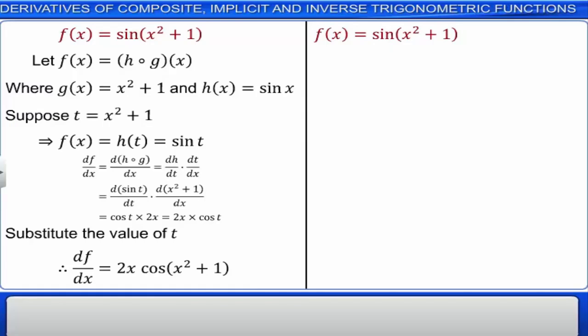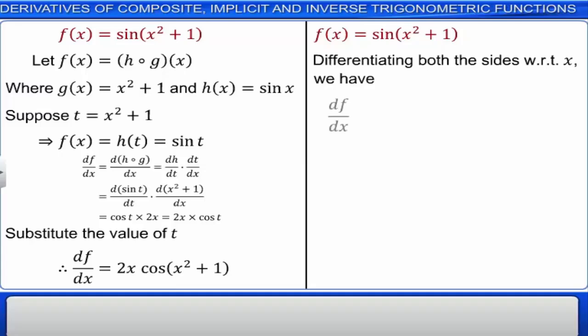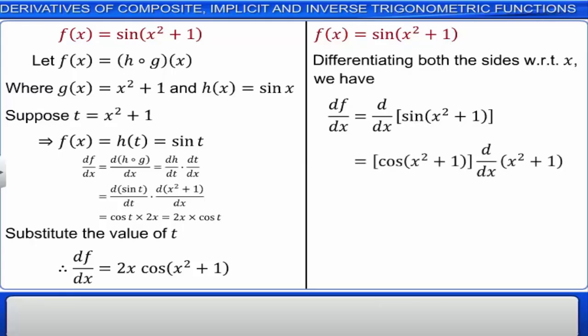Now, by the chain rule, we get cos(x^2 + 1) * d/dx of (x^2 + 1). The derivative of x^2 + 1 with respect to x is equal to 2x. Hence, the derivative of the given function is equal to 2x cos(x^2 + 1).